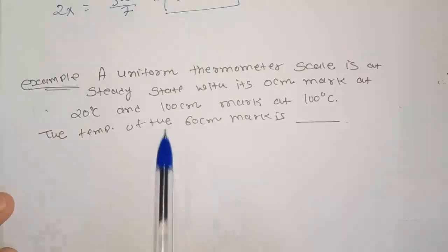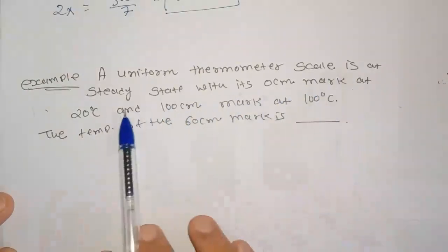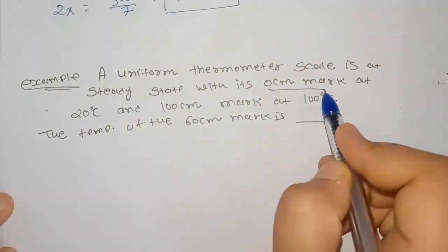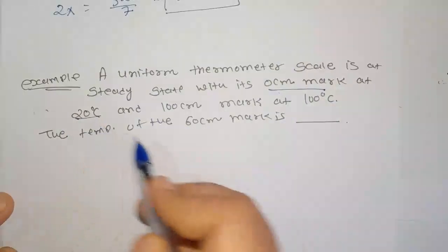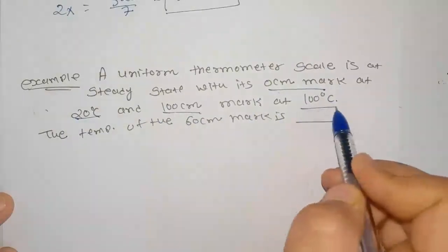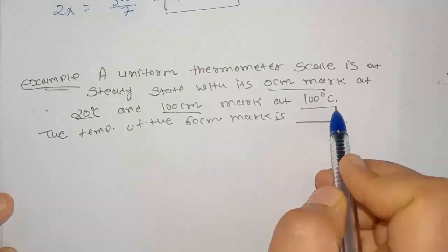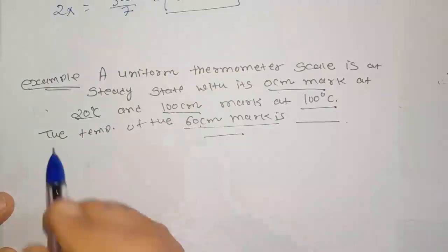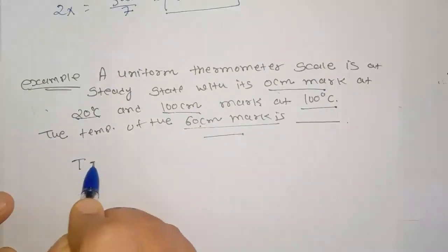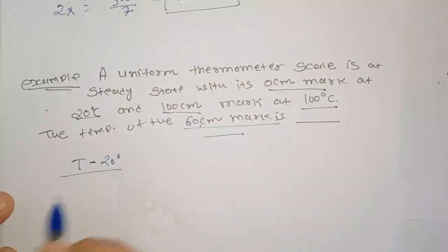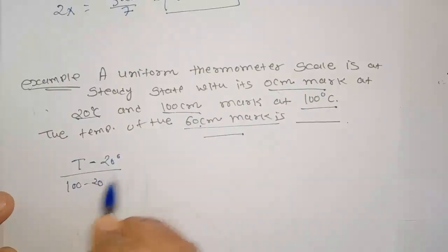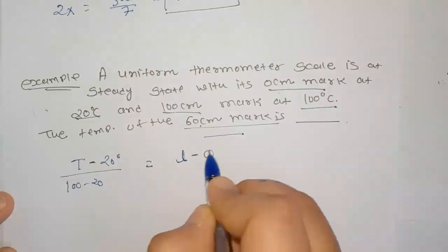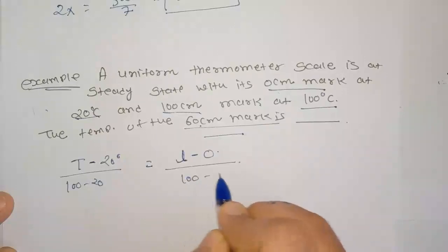In this example, a uniform thermometer scale is at steady state with its 0 centimeter mark at 20 degrees Celsius and 100 centimeter mark at 100 degrees Celsius. We want to find the temperature at the 60 centimeter mark. (T minus 20 degrees) upon (100 minus 20) is equal to (L minus 0) upon (100 minus 0).